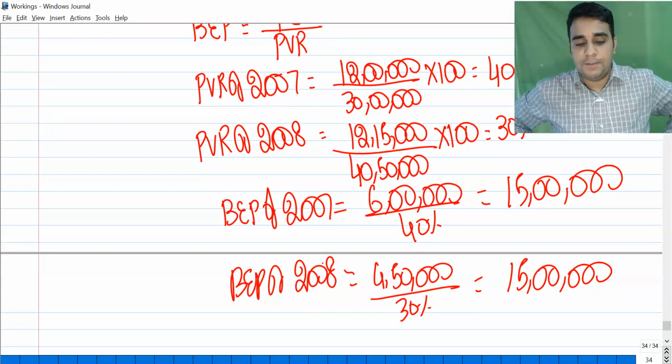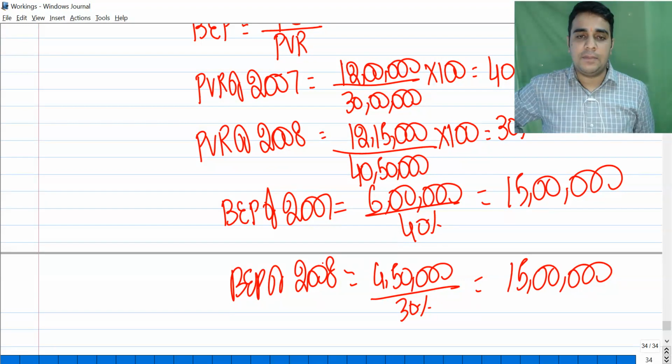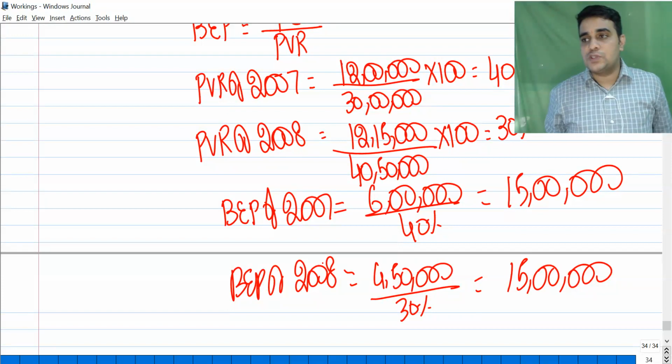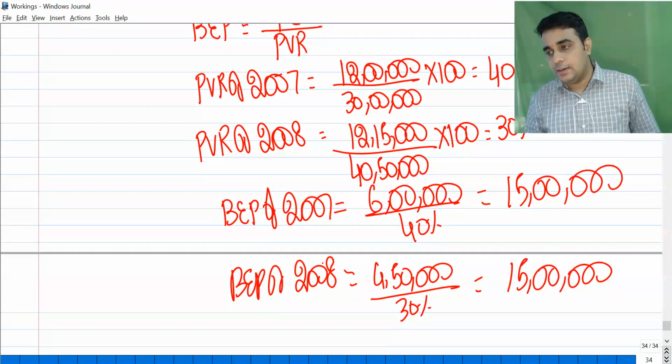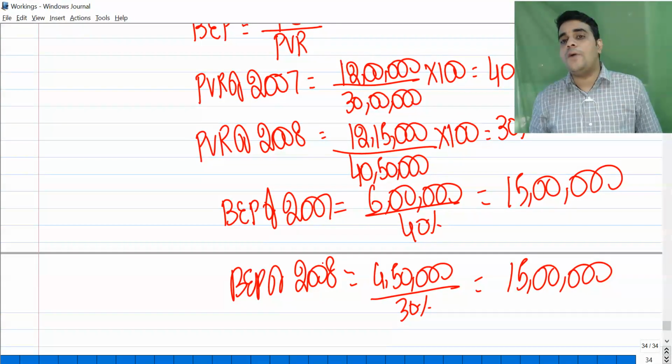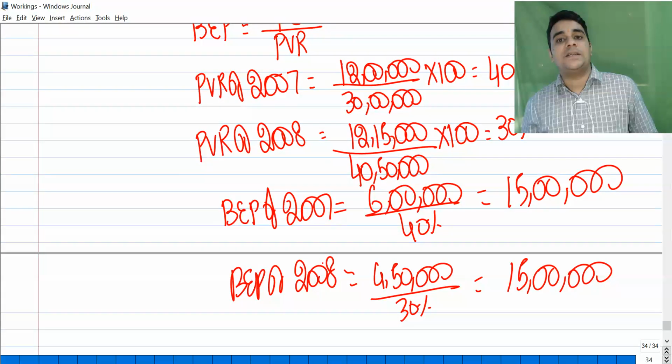6 lakh by 40%, 4 lakh 50 by 30%. Coincidence, both are the same. The reason is in 2007 your PVR was good, but fixed cost was higher. In 2008 fixed cost came down, but that is offset by the fall in PVR. Fixed cost came down by 25%.